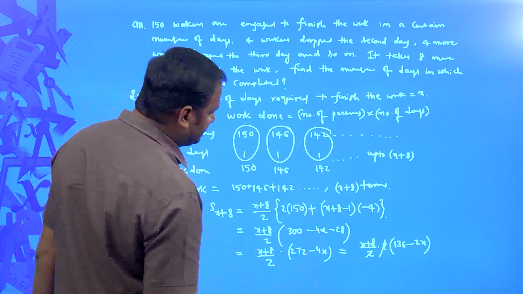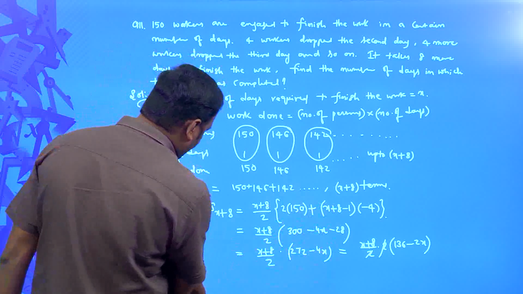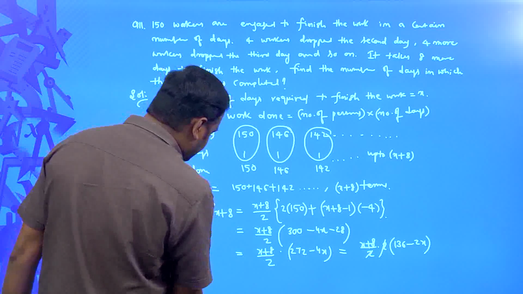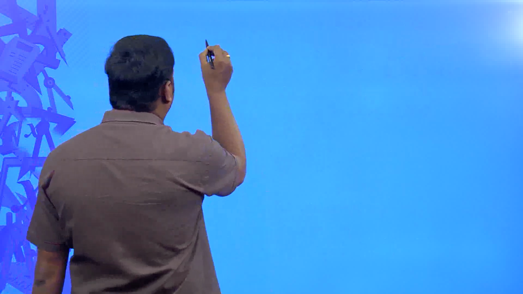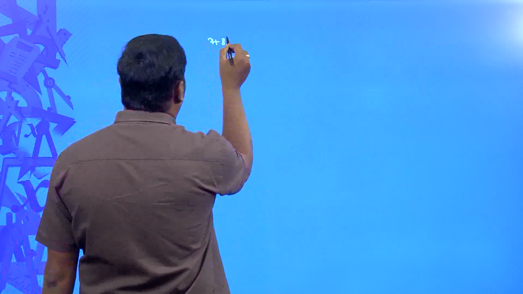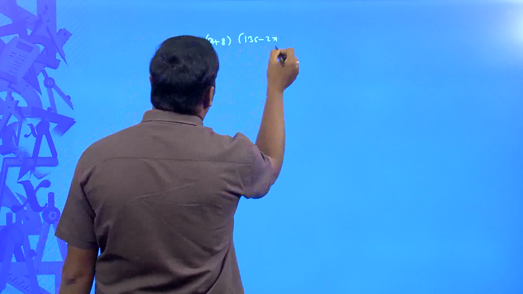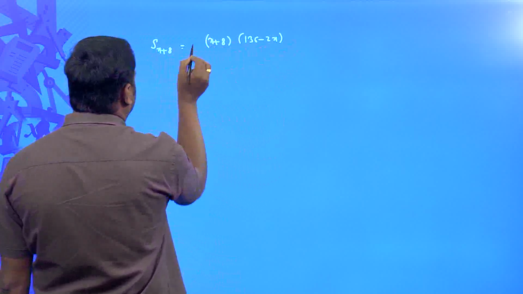I am going to take the next page: x plus 8 into 136 minus 2x. This is the sum of x plus 8 terms.